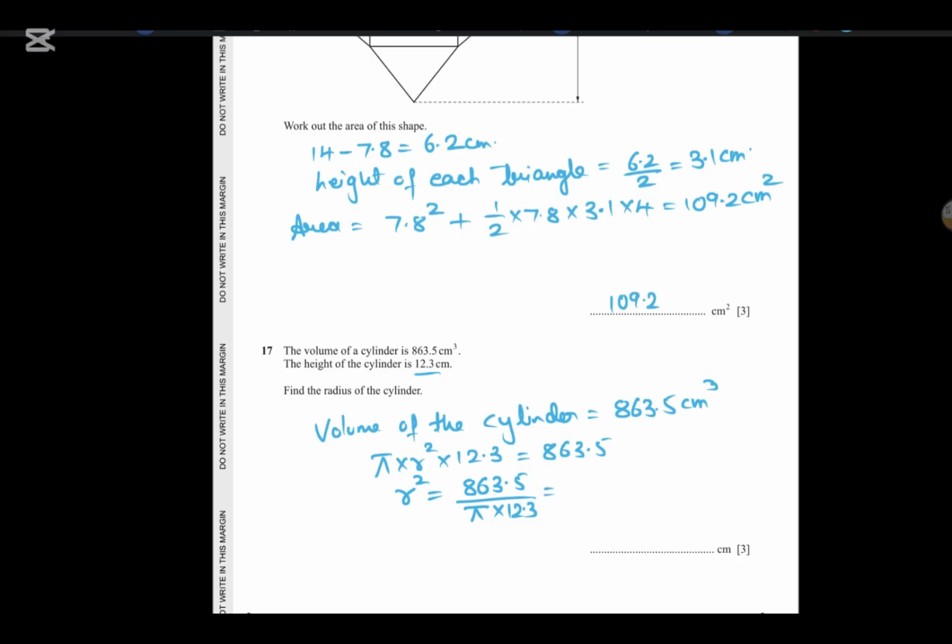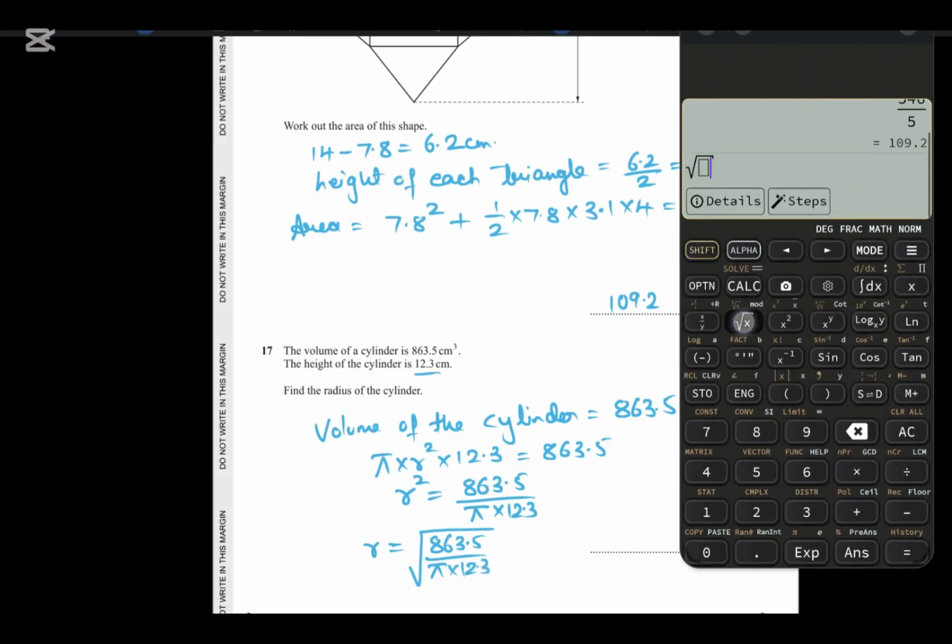Then r square is given, so we need to find r, so we'll take the square root of 863.5 by pi into 12.3.